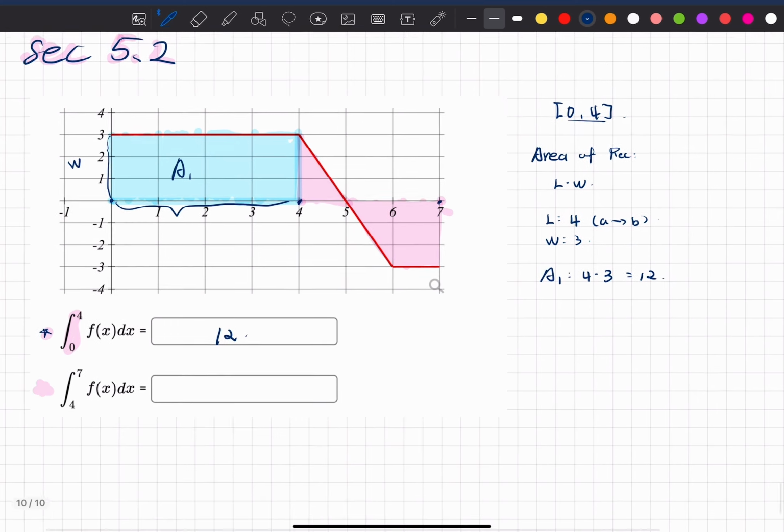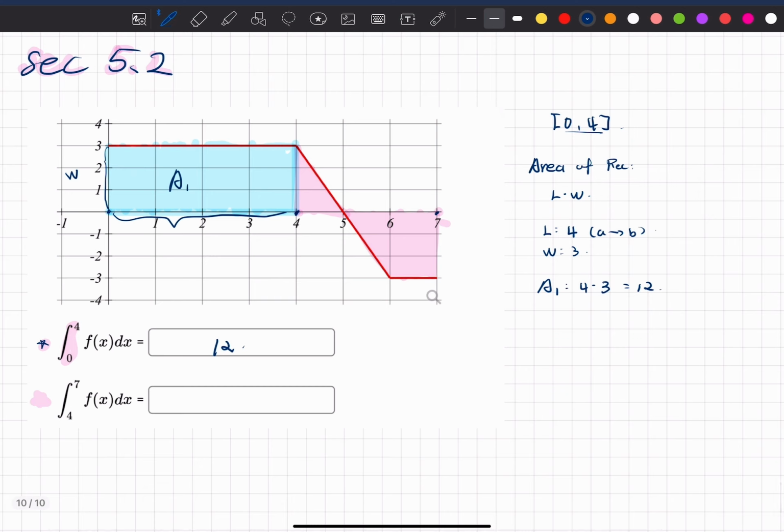Then we're going to look into the areas for the integral from 4 to 7, which is this part, A2 and A3. From the graph, we can figure out that A2 is the area of a triangle, and A3 is actually the area of a trapezoid.